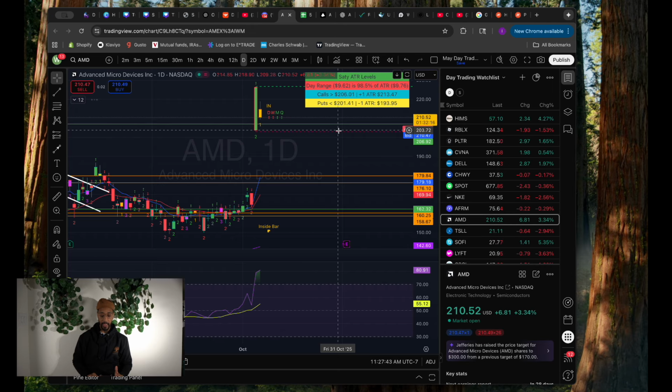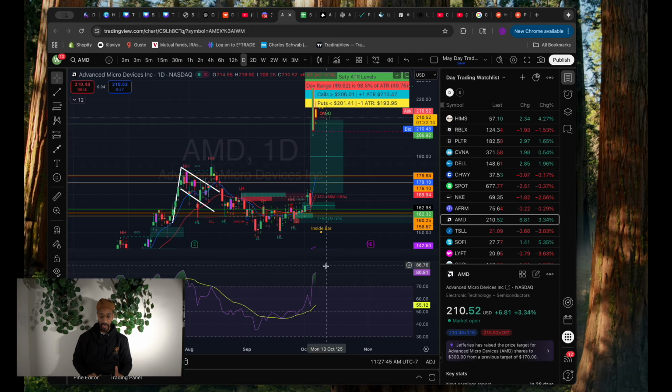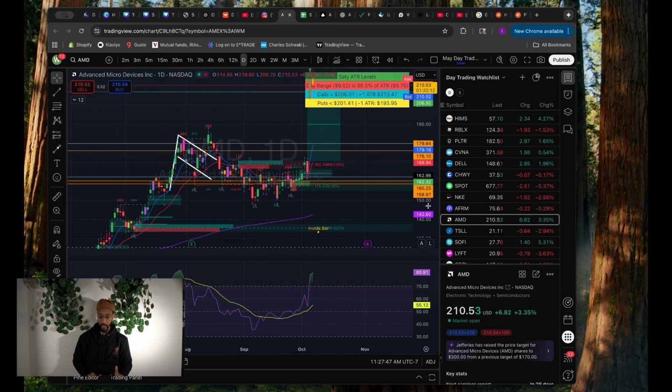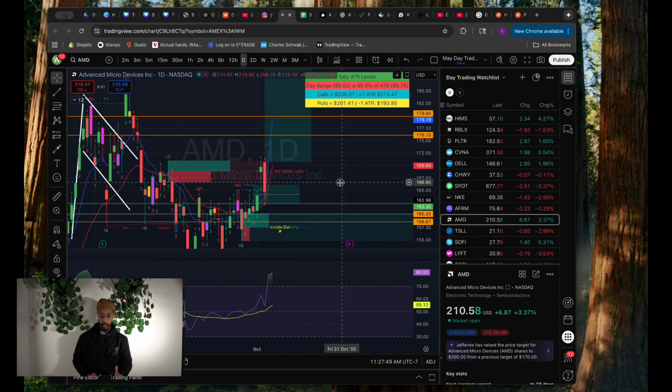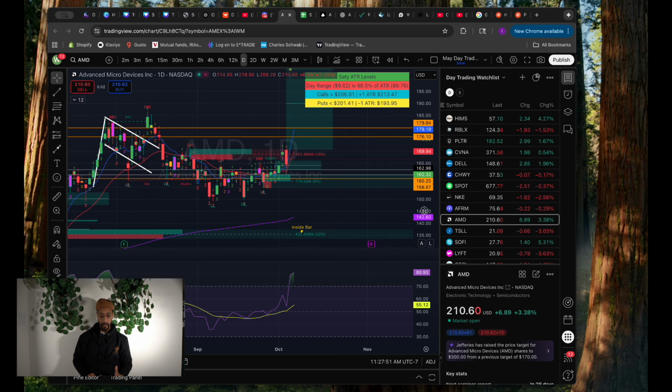Look at AMD, right? If we go to the daily, right? Retracements. This is what I'm talking about. We sold off right here, from 181, and we came down to 159. And then look, 5 days later, we was right back at 185, right? So this is the ebbs and flows of the market.